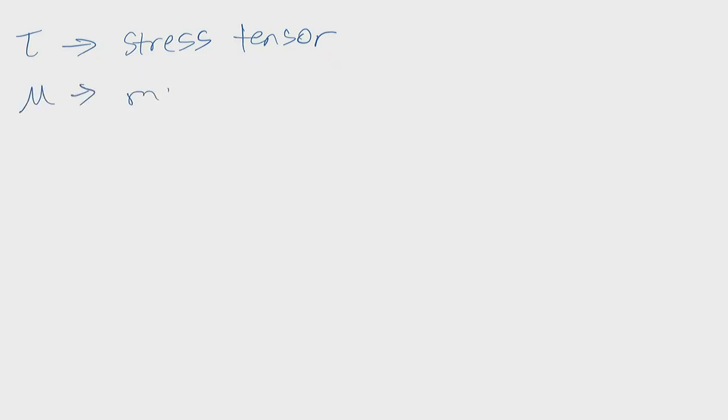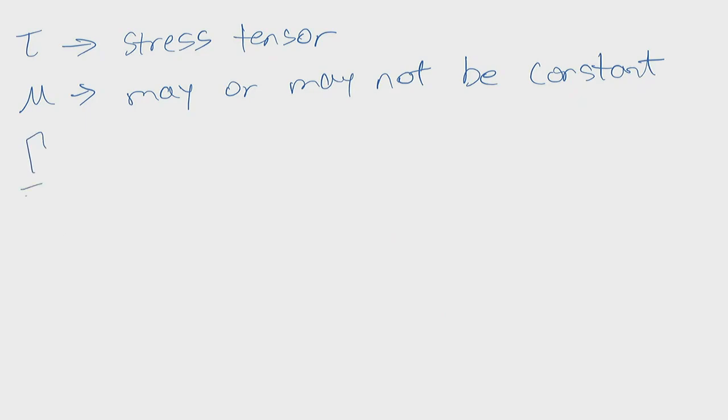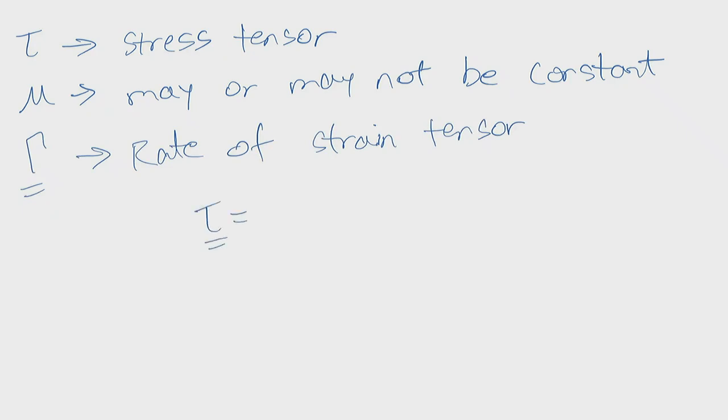Mu may or may not be constant. And capital tau is the rate of strain tensor. So this is how stress is related to strain. Or let me just rewrite it: tau equals 2 mu.